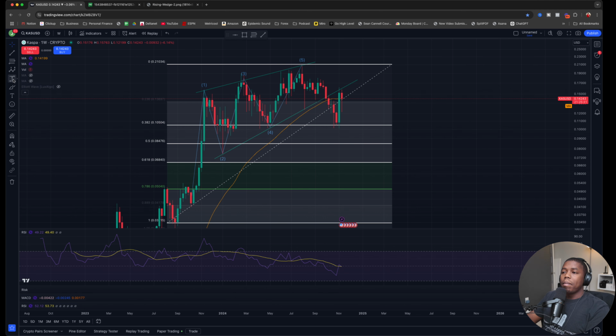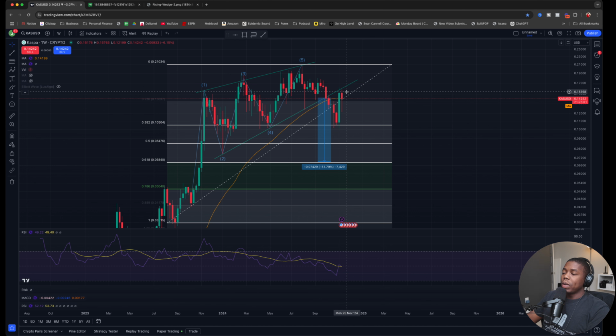So let's go ahead and measure from the top where it started all the way down to the bottom. This is the widest part of the wedge. And so if we bring it to where price broke out, it puts us right at the 0.618 Fibonacci level, which is one of the most common retracement levels in Elliott wave, or just in price action in general.